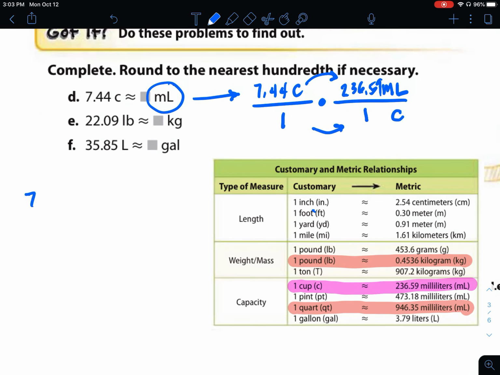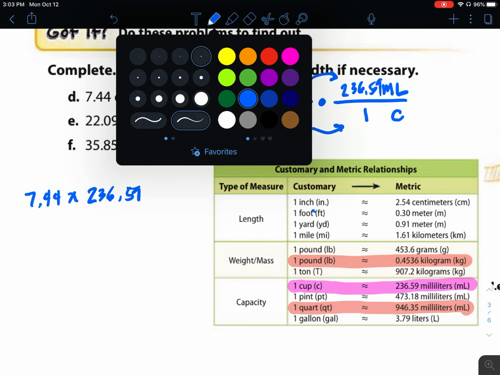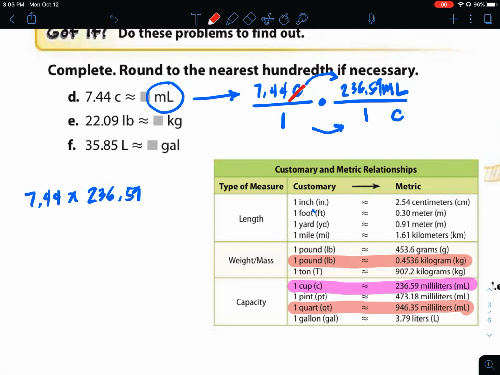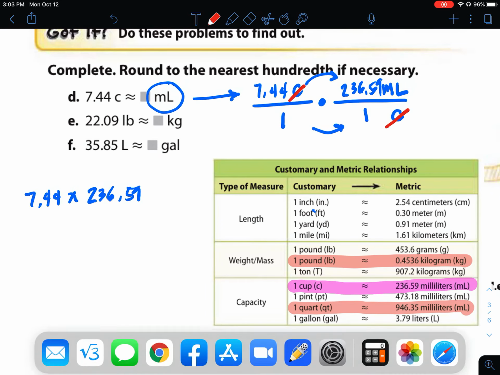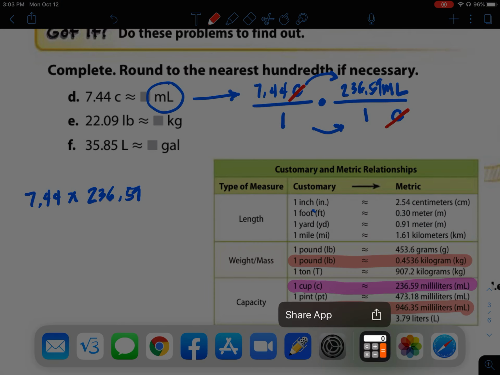Okay, so this becomes now 7.44, and we simply multiply it with 236.59. Oh, before that though, we need to cancel out our unit of cup. That cancels out. Okay, and if we do 7.44, hold on, let me bring up my calculator here.